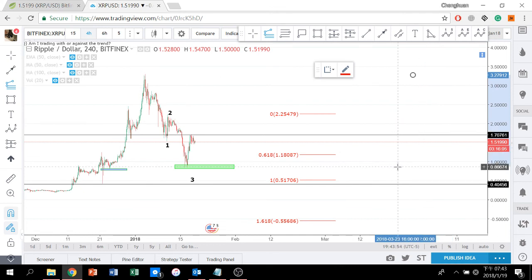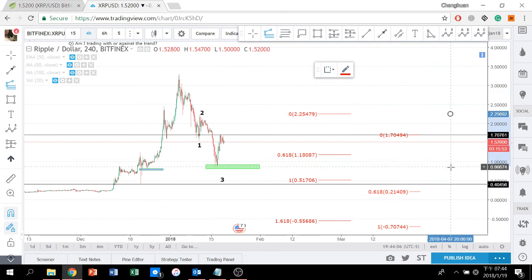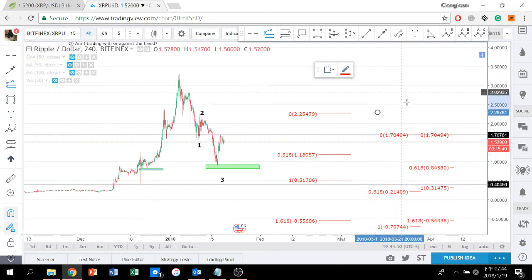Let's use wave 1 through 4, just because, why not? And wave 2, 3. And we try to find confluence, right?